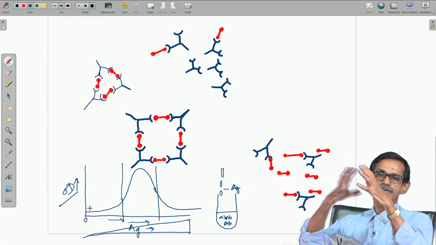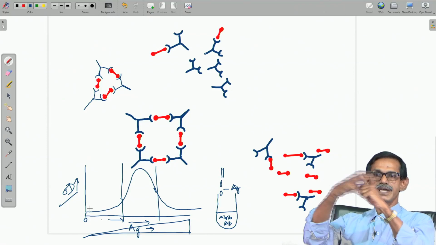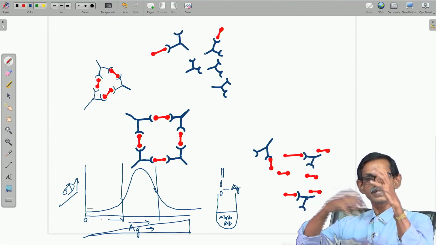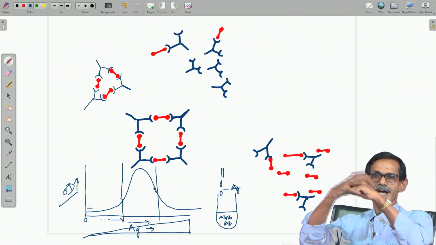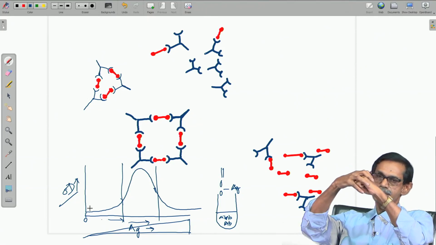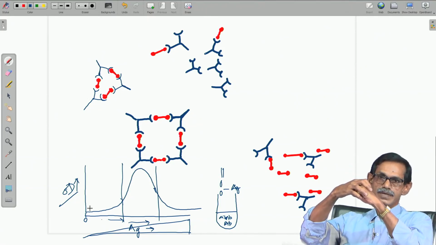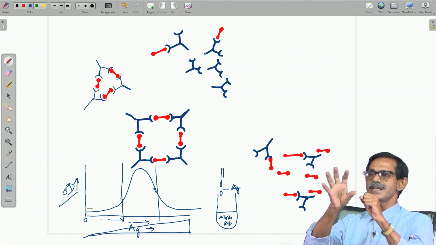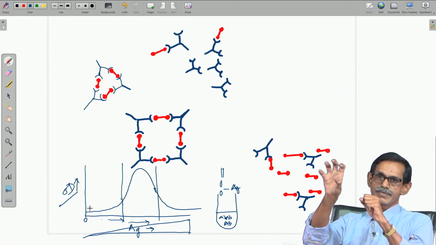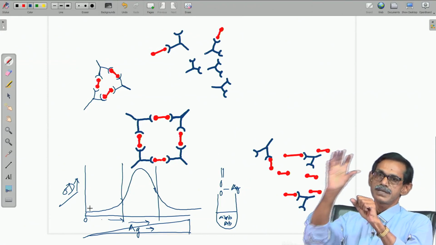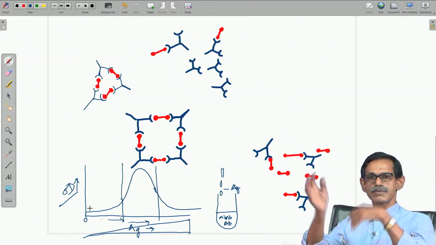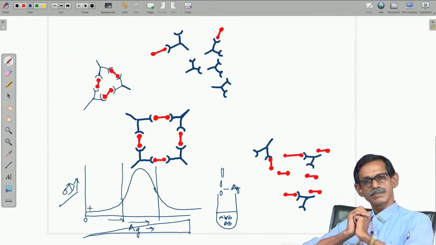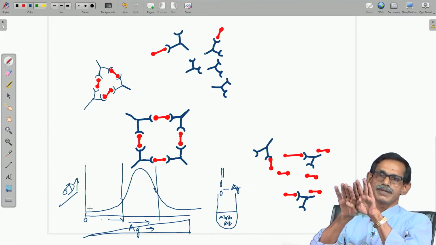Depending on the affinity, they bind and open, bind and open, it is a continuous process. If it is high affinity, after binding it will remain for a long time. If it is low affinity, it will bind, after some time it will open, and find another antigen molecule, bind there, open, bind to another. So, they continuously exchange, and there will be an equilibrium.